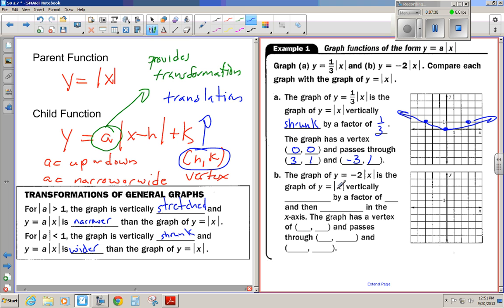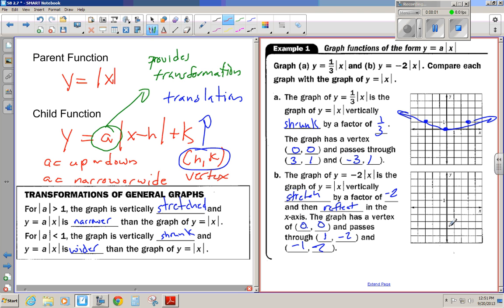This one, a is greater than 1 in absolute value, so it's vertically stretched by a factor of 2, and then reflected in the x-axis. The graph has a vertex of 0, 0 and passes through some points. So let's choose 1, the absolute value of 1, so 1, negative 2, and negative 1, negative 2.